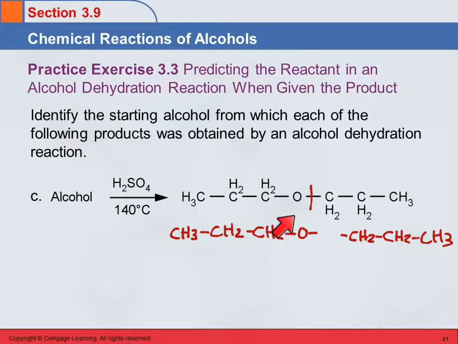The oxygen is going to have been on one or the other, and then here we have 3 carbons. Well, the water came from this space right here. It was a dehydration reaction, eliminating water. So the H came from there, and the OH came from there. And when this dehydrated, these guys were taken out, and then this guy pushed over and this guy pushed over, and they made this bond.